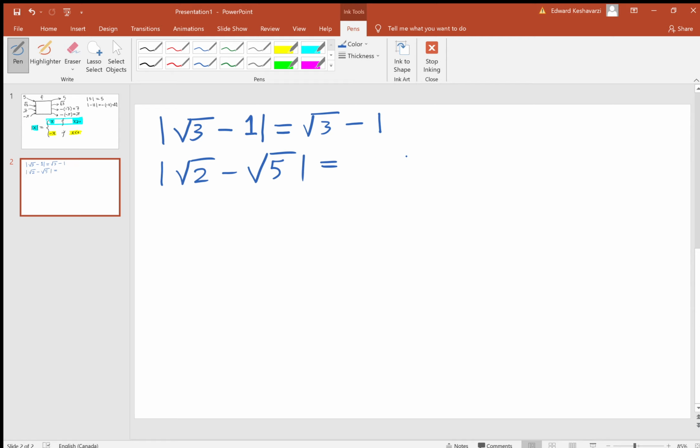Thus, the second part of the definition applies, that is saying you multiply it by a negative number. So now we apply the distributive law. Negative goes in, it becomes negative square root of 2 plus square root of 5. This is how absolute value changes the expressions.